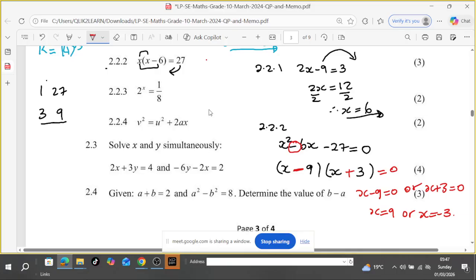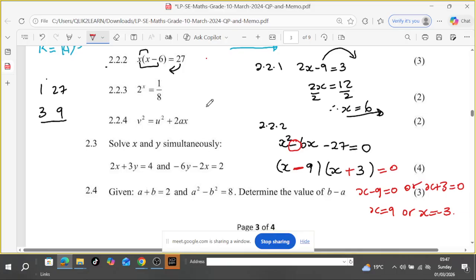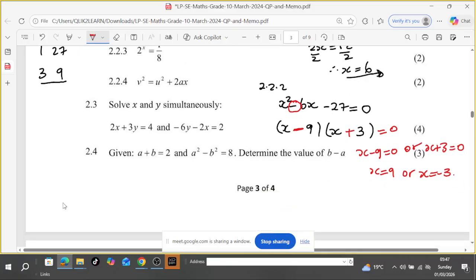Look at this 2.2.3. I have 2 to the x equated to 1 over 8. When I have this, I'm going to check, can I write 8 to base 2? Yes. So this will be 2 to the x equals 1 over 2 to the power 3. Now I need to remove the fraction.